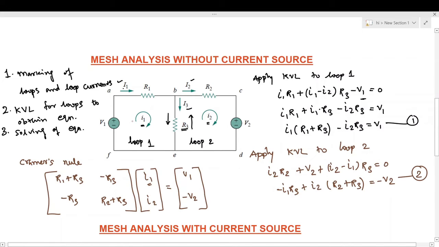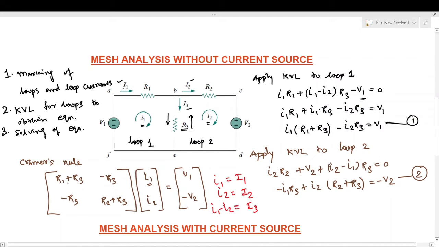From this circuit diagram, we know that the mesh current I1 is equal to the branch current I1. So we can write the mesh current I1 is equal to capital I1, and the mesh current I2 is equal to branch current I2, and for the branch current I3, the difference of the two loop currents, I1 minus I2, will provide the branch current I3.